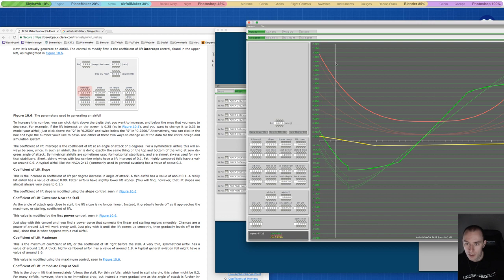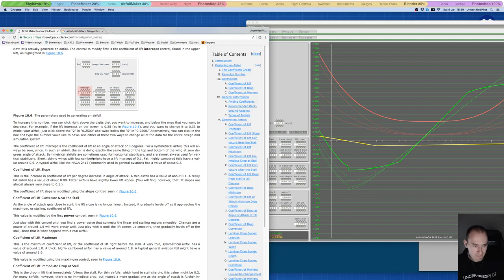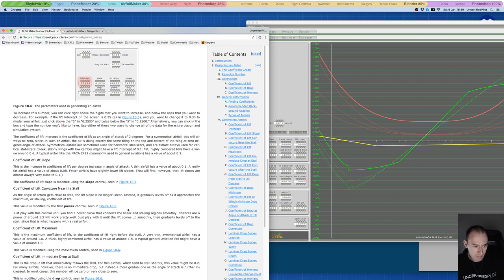But you can see that it also affects the drag component. The lift intercept is the amount of lift the foil puts out at 0 degrees angle of attack. Oh, yeah. So at 0, we move up that number. Yes, okay. Interesting.